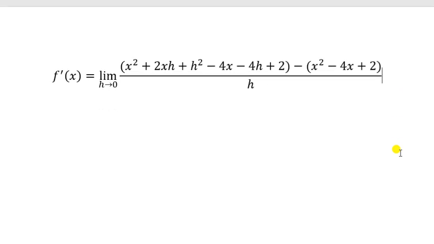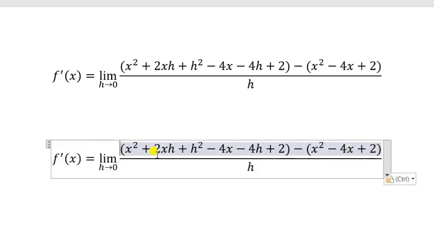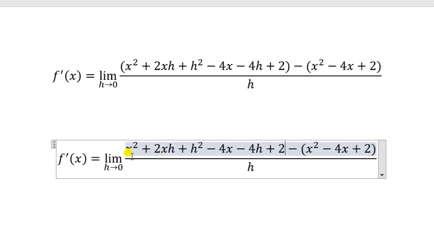So now we can go ahead and simplify it. We can get rid of the parentheses. So in this case, let's copy this here. We can just get rid of the parentheses here. Nothing will change. But notice we have a negative sign in front of the second parenthesis. This means that this negative sign will affect every term inside the parenthesis.